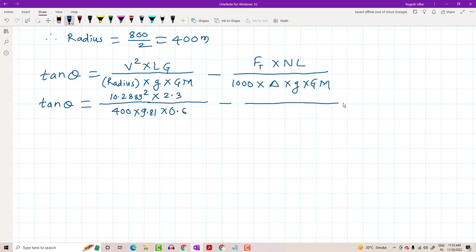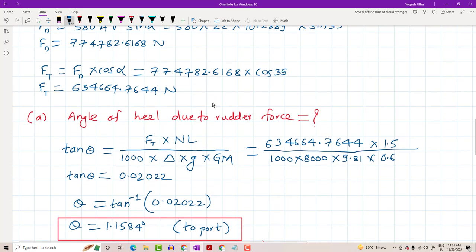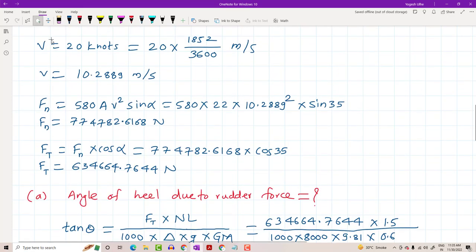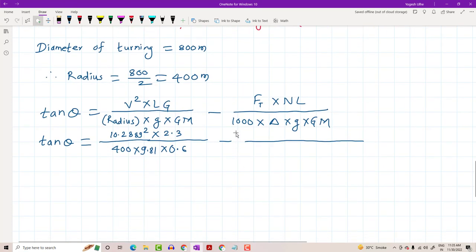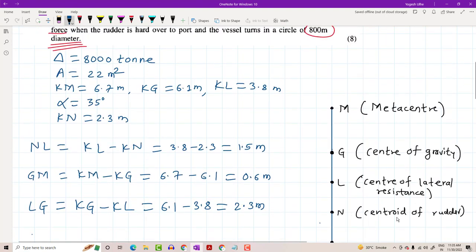Ft, the tangential force, we have already calculated. A little bit bigger value, so I will use the copy-paste option: 634,664.7644. I paste it here, so this is the value of Ft. Then we have the value of NL, the distance between center of rudder and center of lateral resistance.